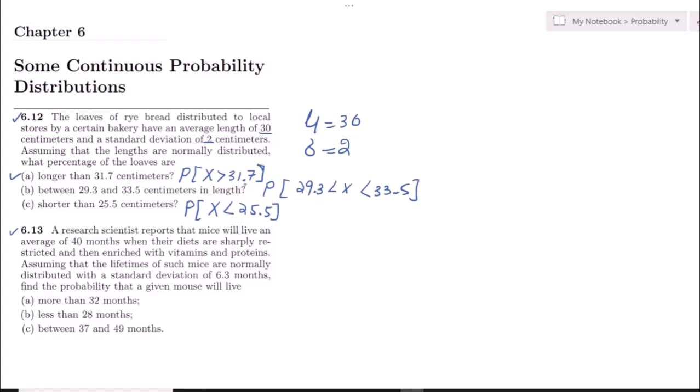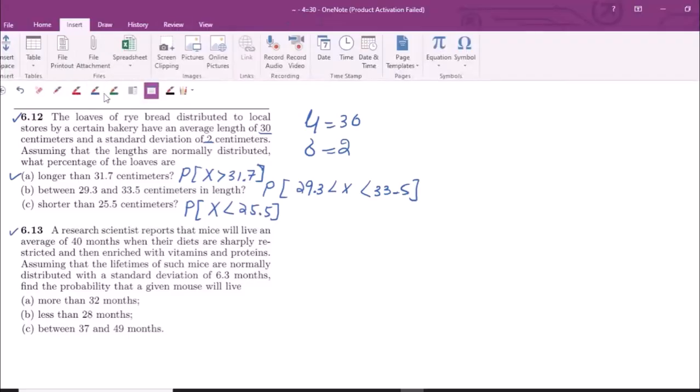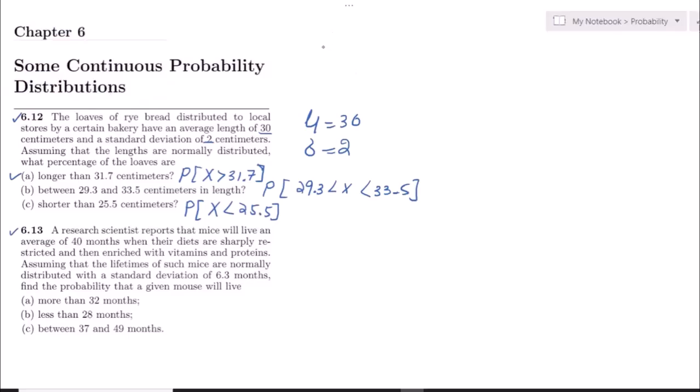So what to do here? Because these are the values of X, first of all we have to convert them into Z, and then use the Z distribution table to find out the values, and then we will write them here. Let me first write the formula for Z. We know that Z is equal to X minus mu divided by sigma.